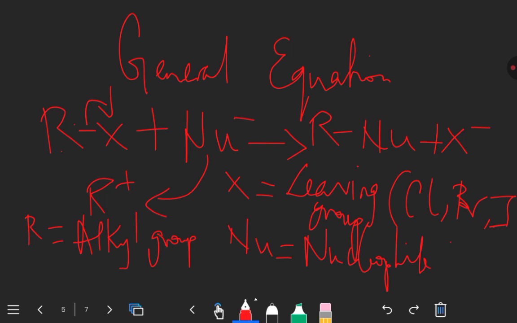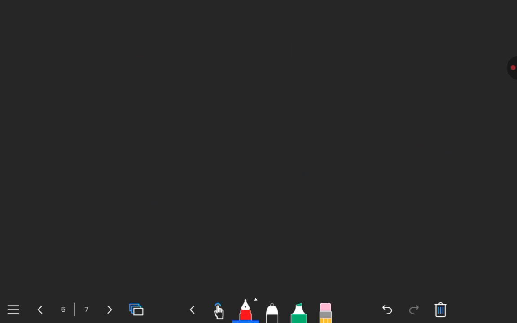Now let's try to understand the differences between an SN1 reaction and an SN2 reaction. For an SN1 reaction, we said it is simply a first order nucleophilic substitution reaction.